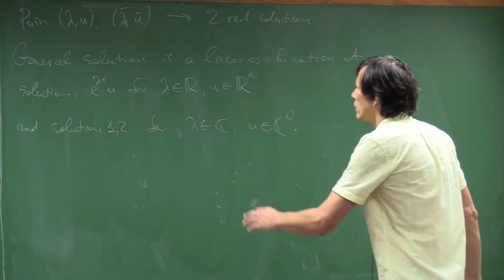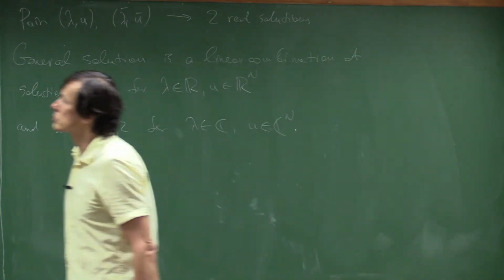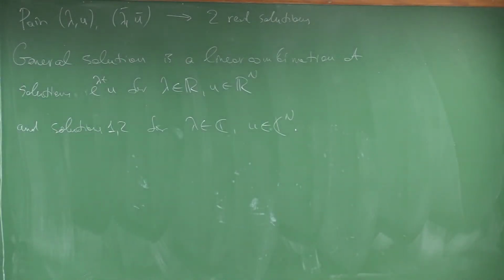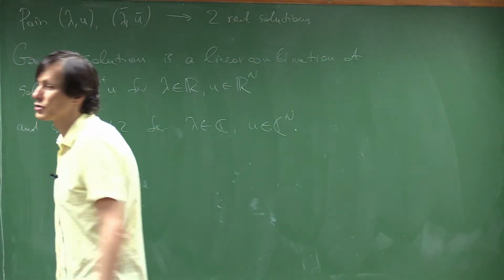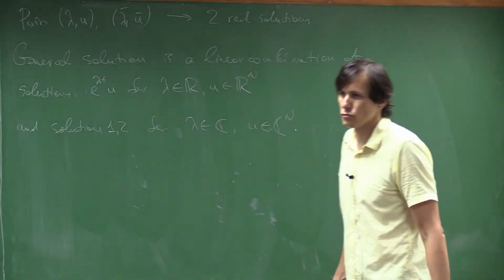Whenever you have a real eigenvalue, you take the solution as it is. And whenever you have a complex eigenvalue, you have these two pieces, and taking a linear combination with arbitrary coefficients gives you a general solution.